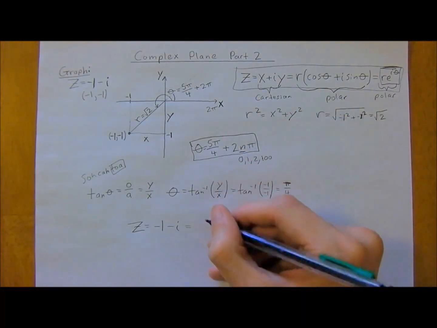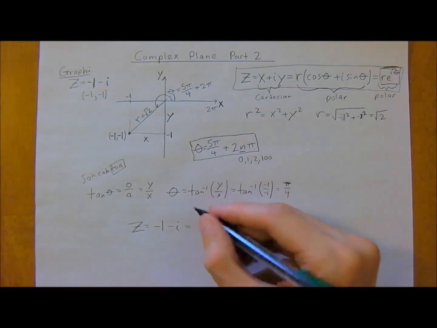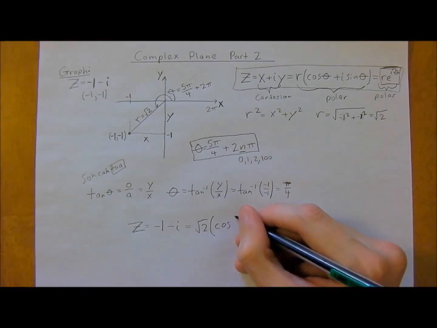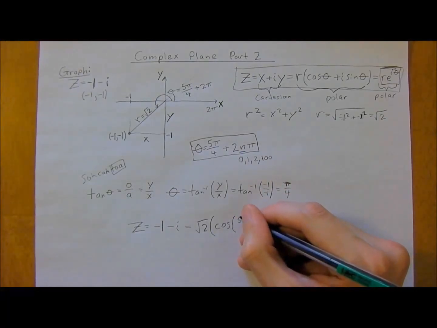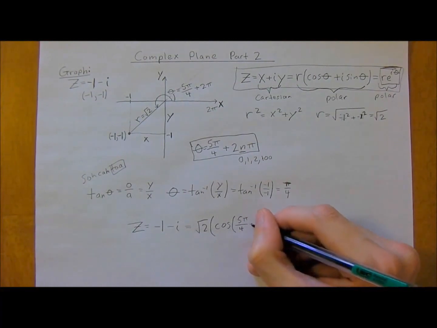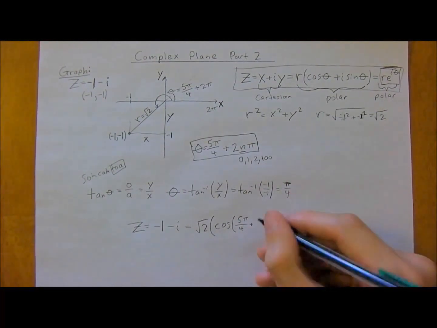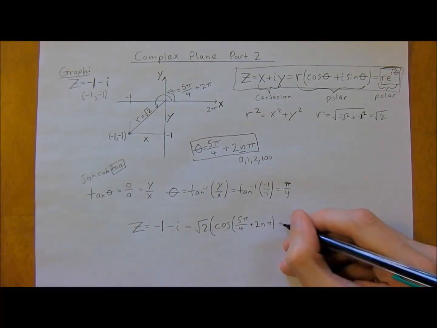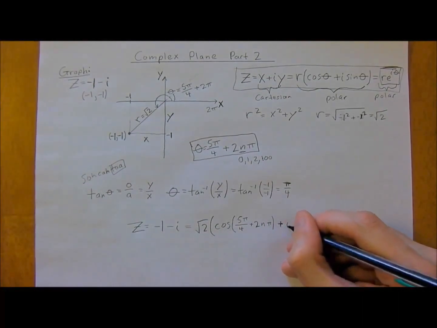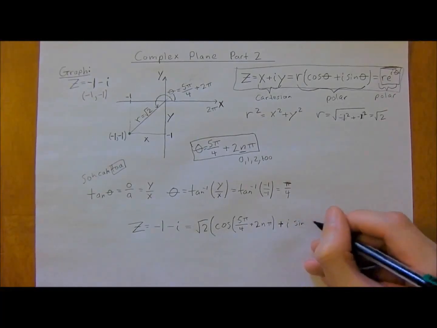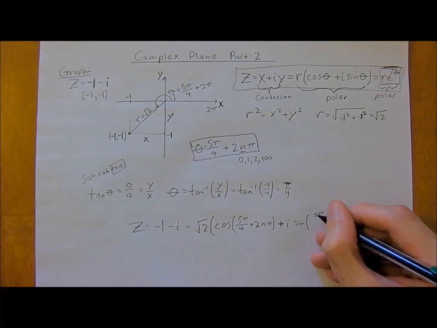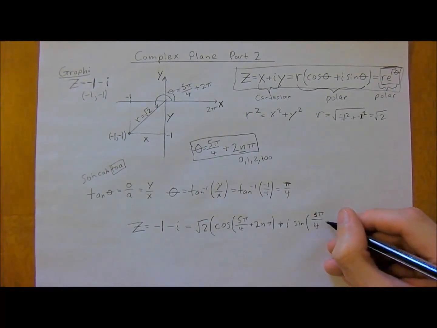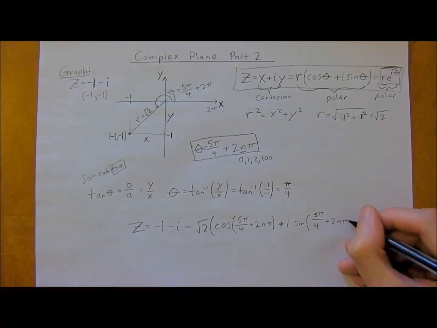And then another way we could say it is r, which is the square root of 2, times cosine of 5 pi divided by 4 plus 2n pi, plus i sine of 5 pi divided by 4 plus 2n pi.